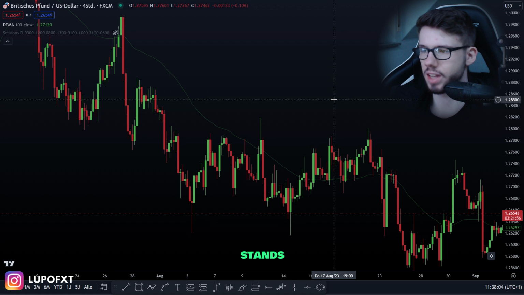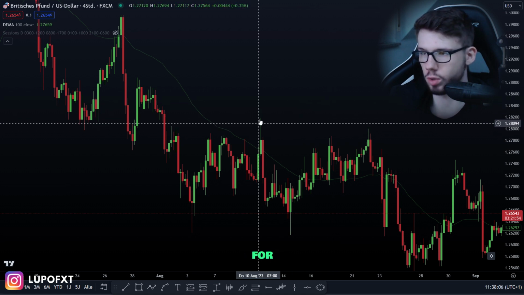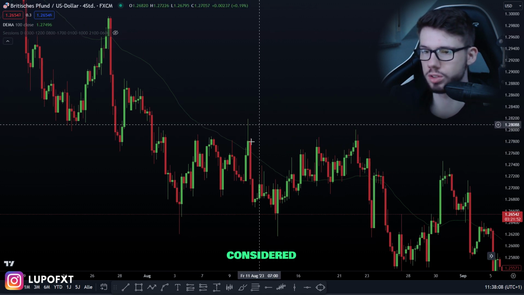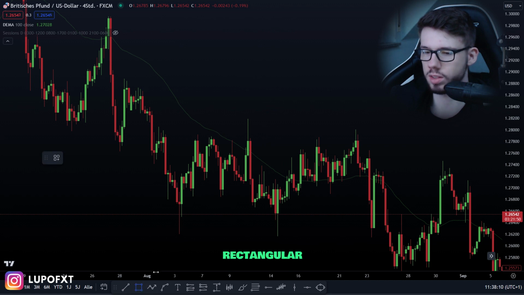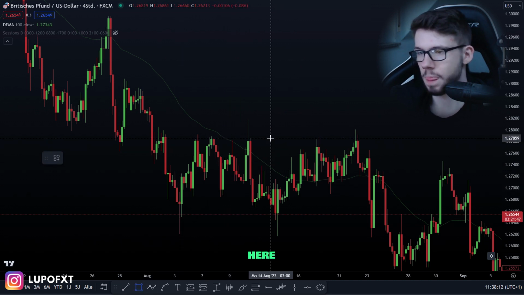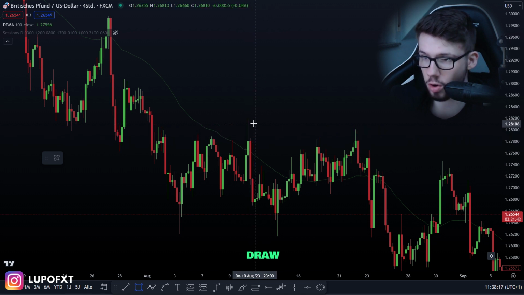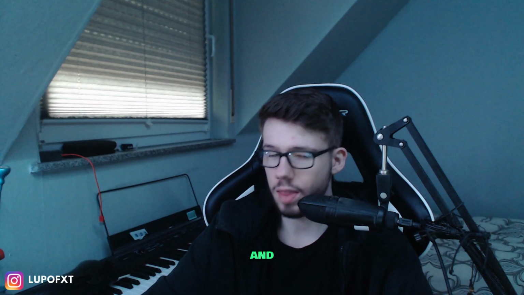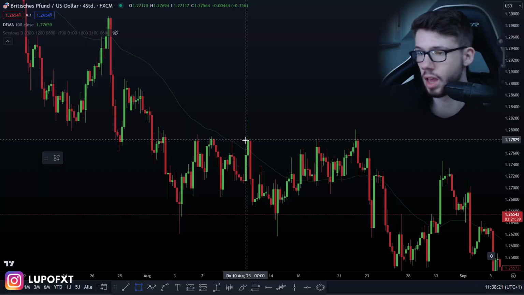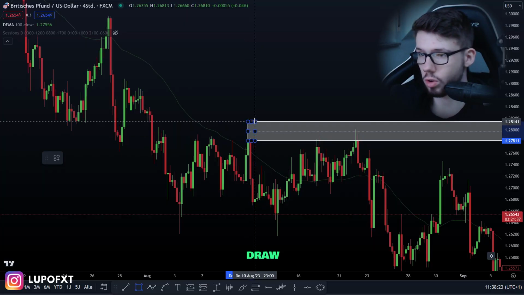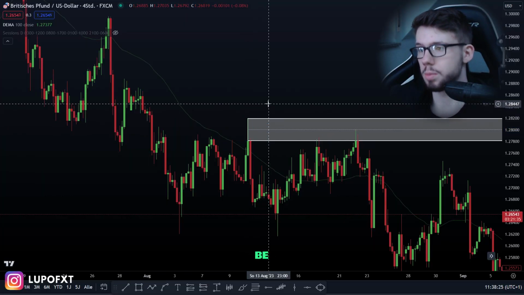One thing that stands out really fast is this wick. This wick could be considered a key level. So I would put my rectangular shape in here, and from this green candle I would start from the body and draw it all the way up to the upper wick, and this would then be my key level.